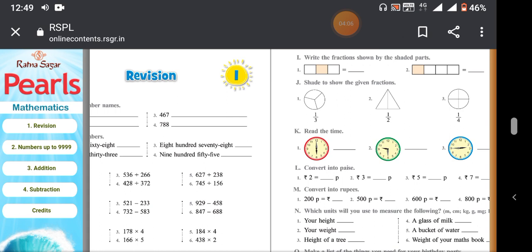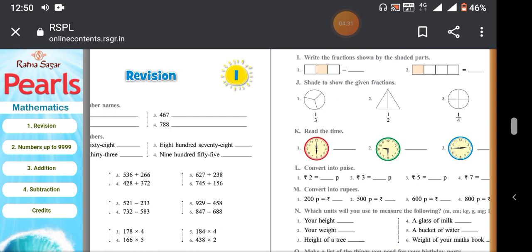Then K, read the time. Observe the clocks here. You should write the time on the given line. Next, convert into paise. Here they have given rupees: 2 rupees, 3 rupees, 4, 5 rupees, 7 rupees.